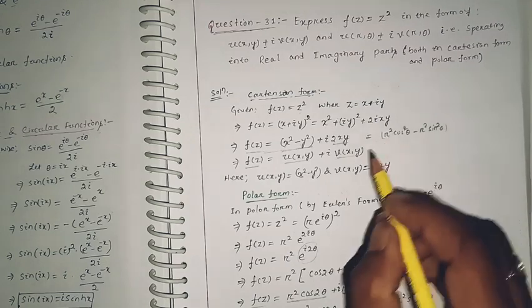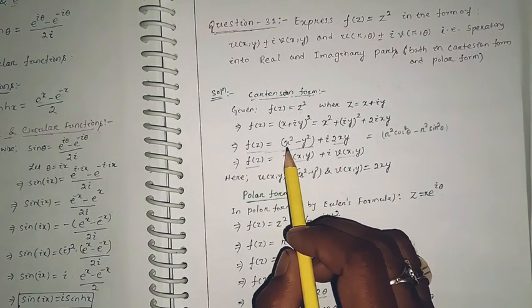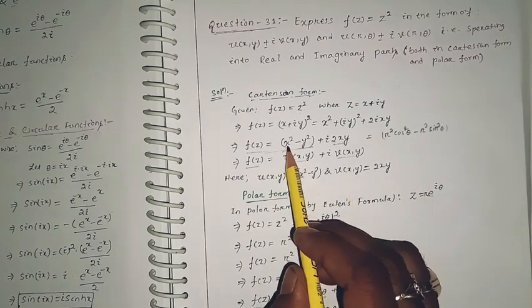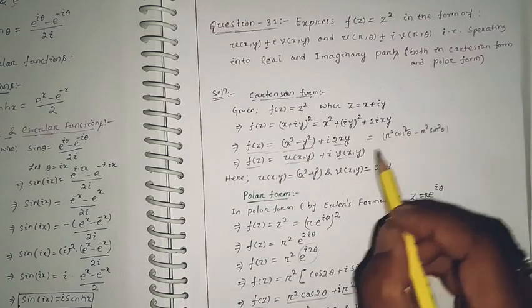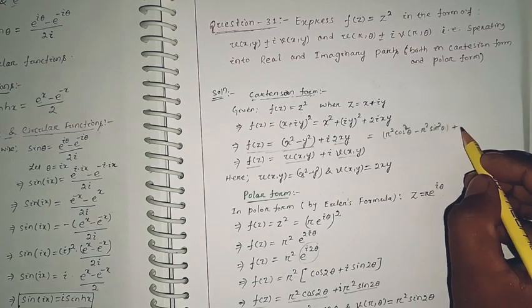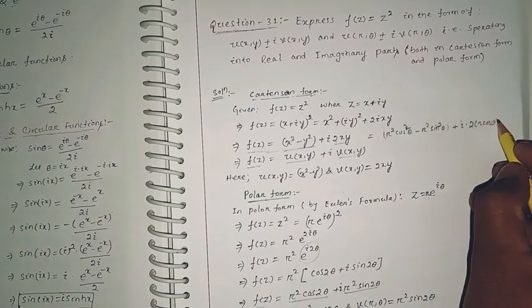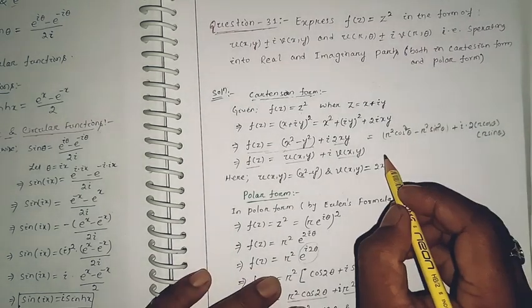We substitute x as r cos θ, because we know that the x component in polar form is r cos θ and the y component is r sin θ. So x² will be r² cos²θ and y² will be r² sin²θ, plus i times 2 r cos θ times r sin θ.